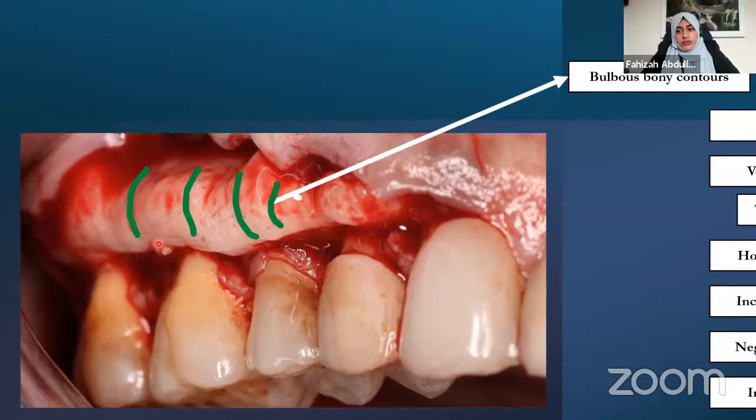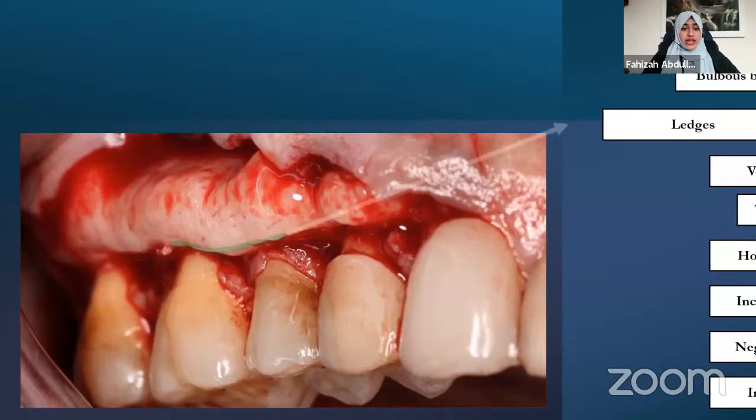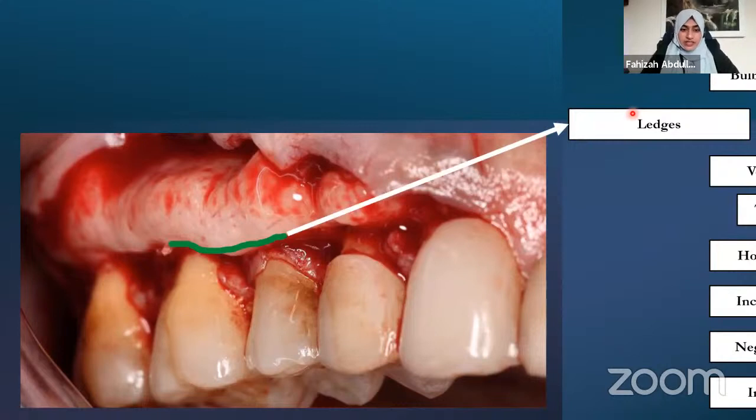So elimination of these bulbous bony contours also becomes very important. Then, ledges: because of the thick bony margins, you can find alveolar thinning of the bone at the marginal ends, which becomes like a ledge.